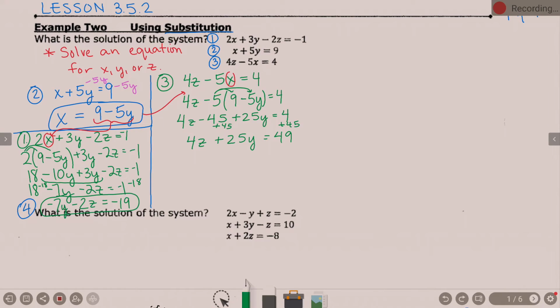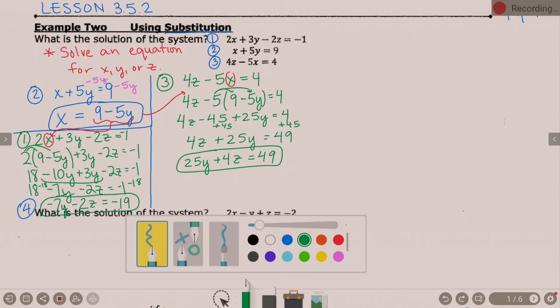Y then z. Unless you switch the other one. The point is I want them to be in the same order. So I'm just going to flip this around and say 25y plus 4z equals 49. What am I going to do? I'm going to call this 5.